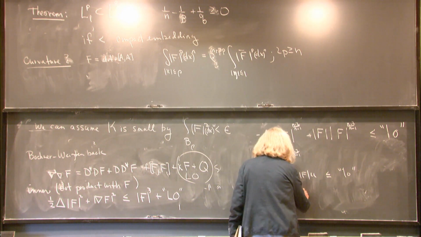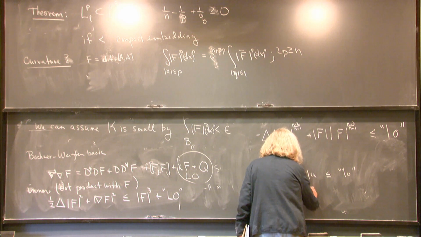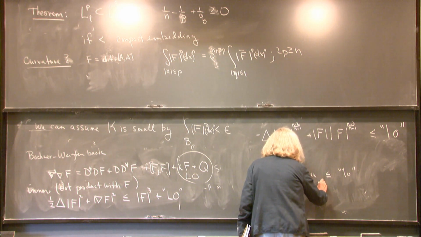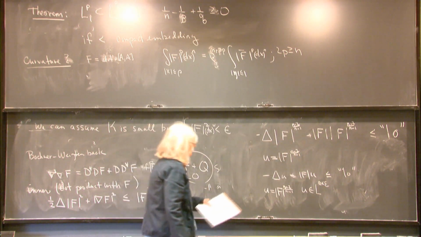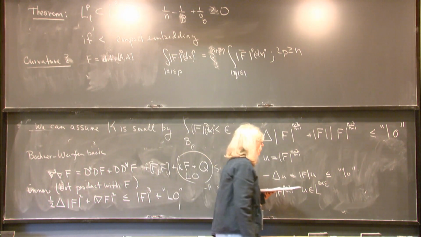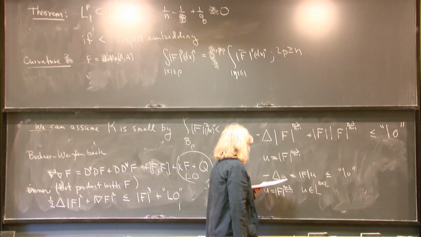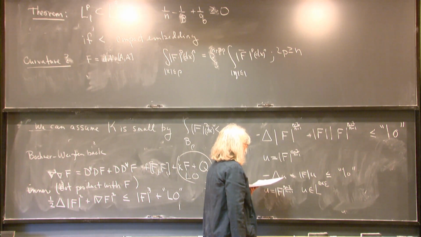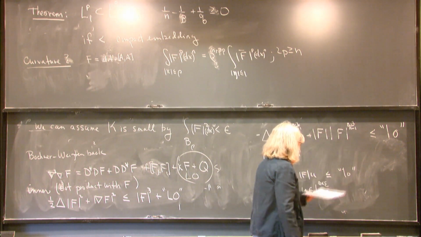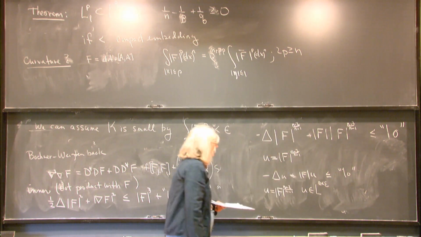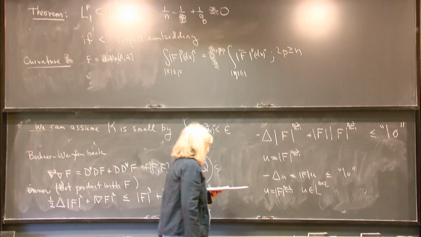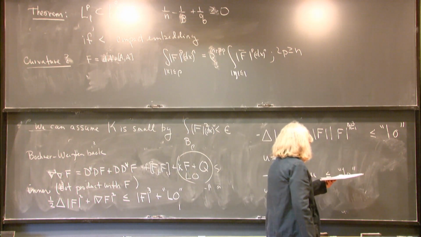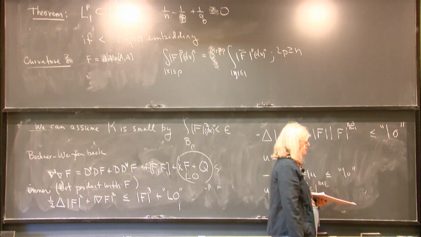So u is in L2 plus epsilon in 4 dimensions, okay? So I can actually apply the maximum principle. The maximum principle basically says that u at the origin is, I have a right-hand side, I take care of the boundary terms, and I solve the equation with the right-hand side.